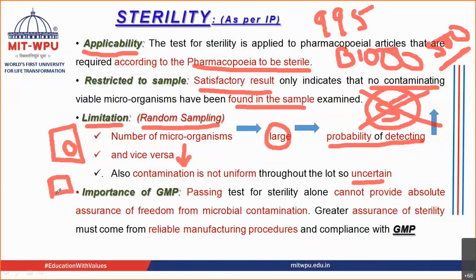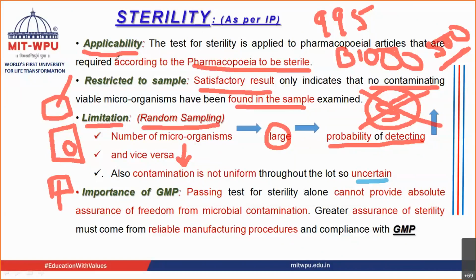If there are many boxes of ampules, you are going to take one from this box, one from that box, one from the other box, isn't it? So if the contamination is not uniform throughout the lot, then detection becomes very difficult. That is a limitation for this test for sterility.